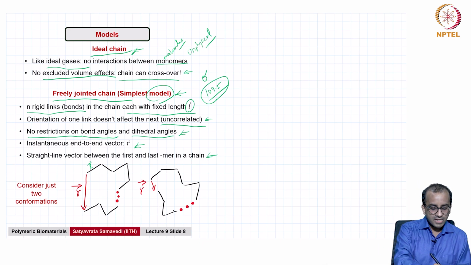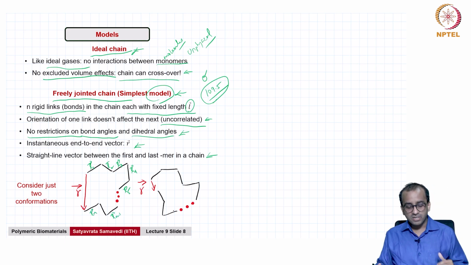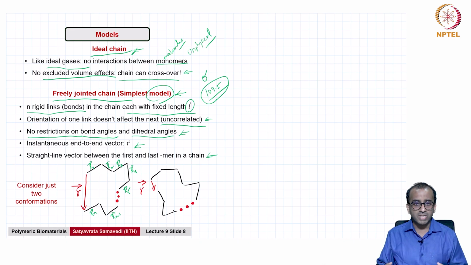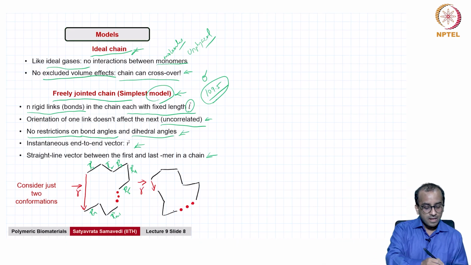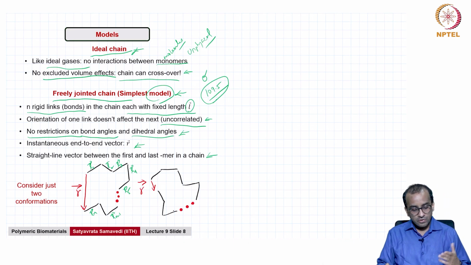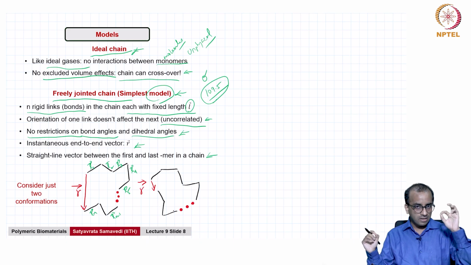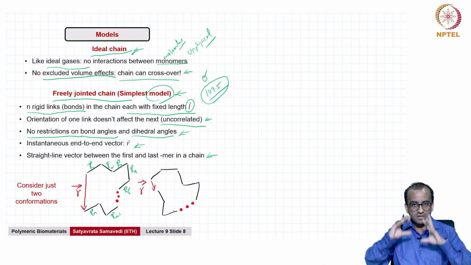So, you have L1, L2, L3, L4, L5 and so on, link 1, link 2, up to n such links where all L's are the same, the subscripts simply indicate the number there. Between L1 and Ln, you can draw the straight line vector, which is just the instantaneous end-to-end vector. And what you are asking here is, what is that distance between that first mer and the last mer in 3D?